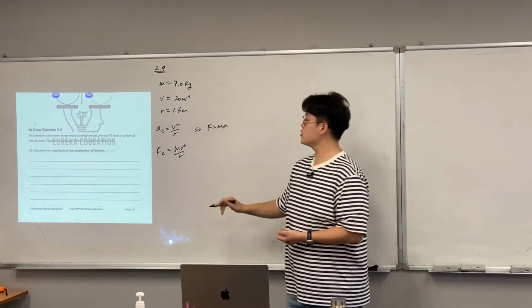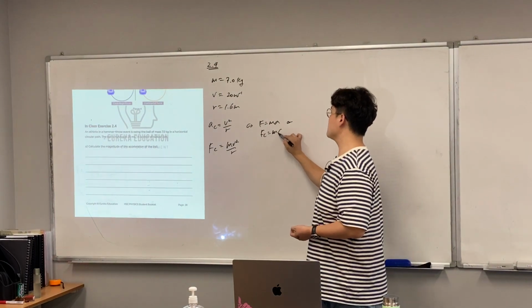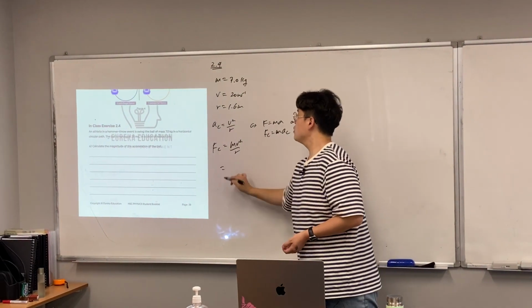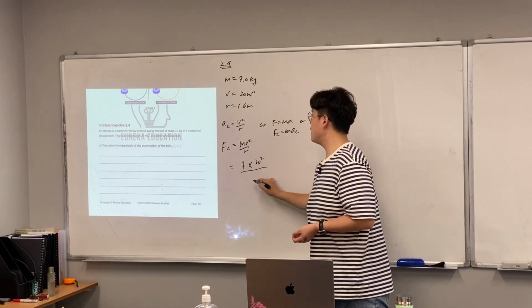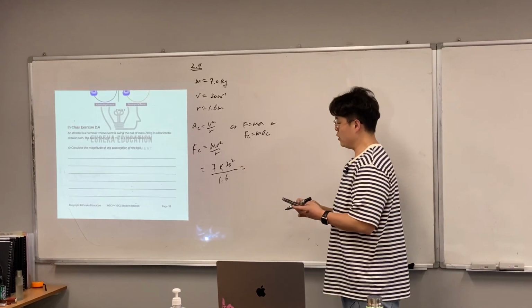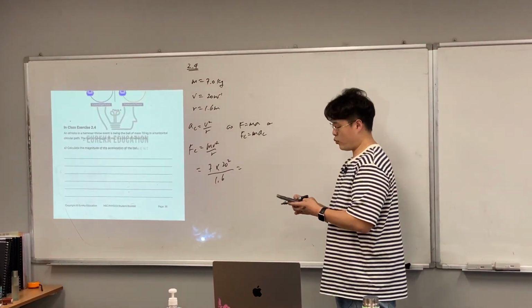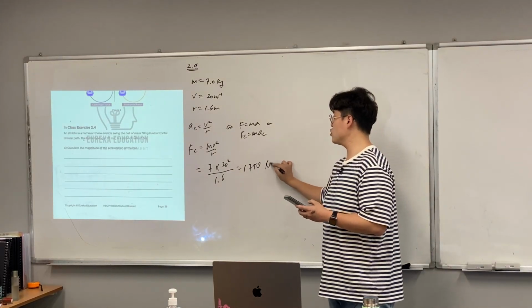Or we can say Fc equals m times ac. That's the same thing. So mass 7 kg times velocity 20 squared divided by r 1.6. That's all you need to do. 7 times 20 squared divided by 1.6, you get 1,750 newtons.